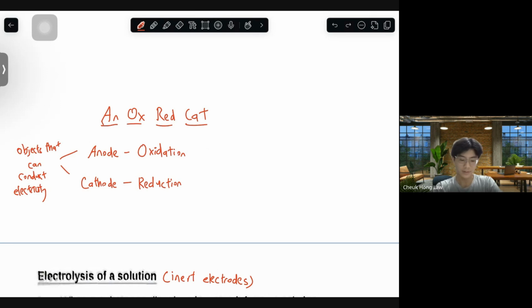And then at the cathode, the process that will take place is always reduction. In the whole chapter of electrochemistry is like that. And then more specifically, we're going to be talking a lot about electrons. So we need to understand that oxidation is loss of electrons. Reduction is gain of electrons.